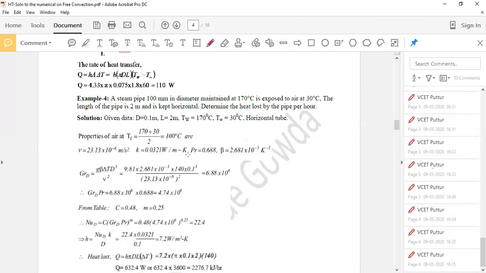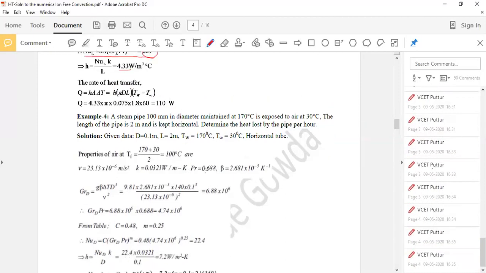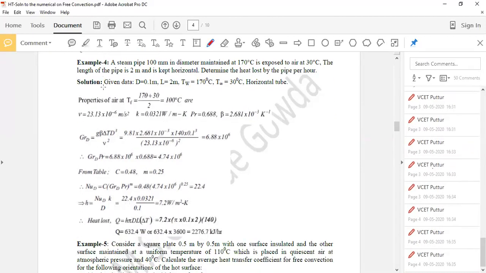So far we discussed the vertical plate, the horizontal plate with heated surface facing up, the horizontal surface with heated surface facing down, and the vertical cylinder. Now the problem is on the horizontal cylinder.